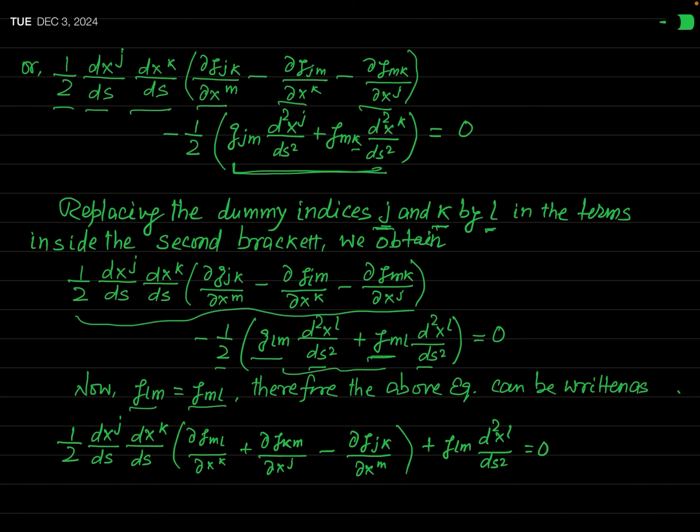That 2 and this 2 in the denominator will cancel out, and therefore our equation becomes this much. This term is as it is, plus, actually here I have taken the minus sign as a common factor. When you take the minus sign as a common factor, you can see the sign of the terms in the LHS will be just reversed.